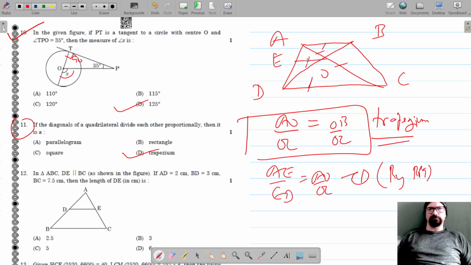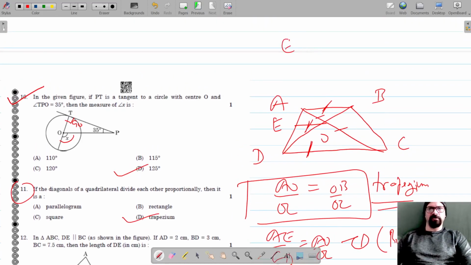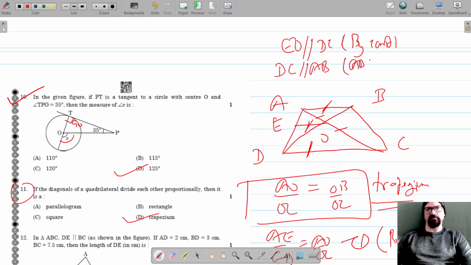And now EO I have drawn parallel to DC, by construction, but DC is parallel to AB because ABCD is a trapezium. So that gives us that EO is parallel to AB.